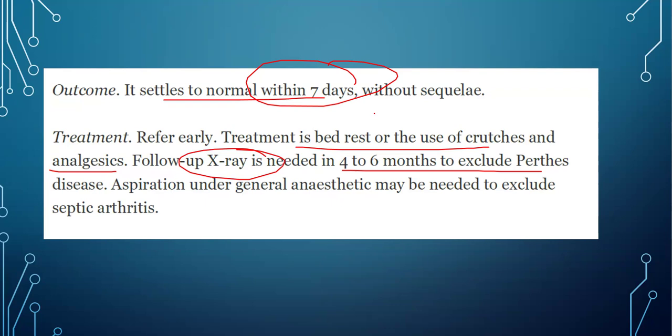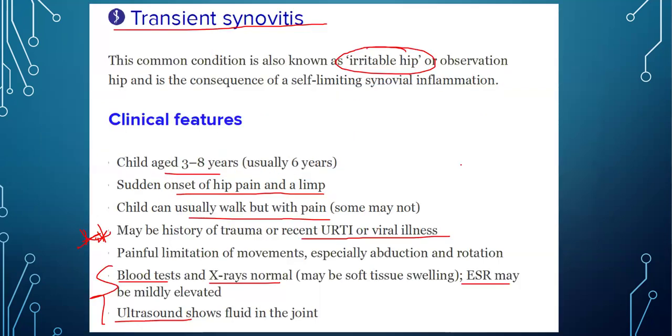Aspiration will be needed to exclude septic arthritis in this kind of case. Okay? So just because the child had a viral illness, don't just think it is transient synovitis all the time. You have to make sure that you're ruling out the possibility of septic arthritis. Definitely, if the child is able to walk and bear weight on the leg, that's unlikely to be septic arthritis.